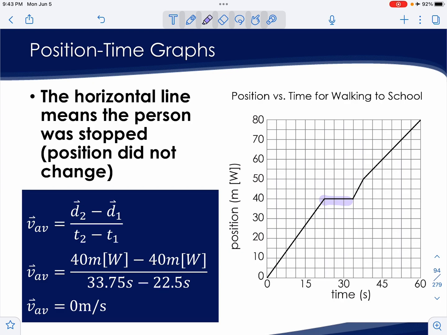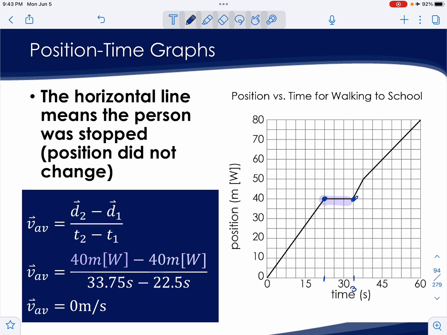And we can prove that because the rise is 40 meters west. At this point, they're at 40 meters west. And at this point, they're at 40 meters west. So we have 40 meters west minus 40 meters west divided by the time interval, which goes from here to here.